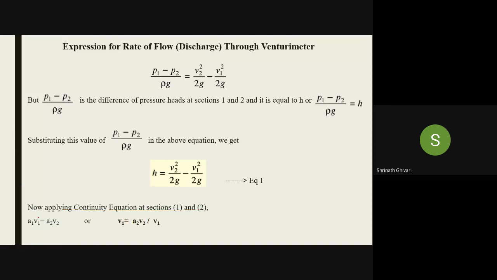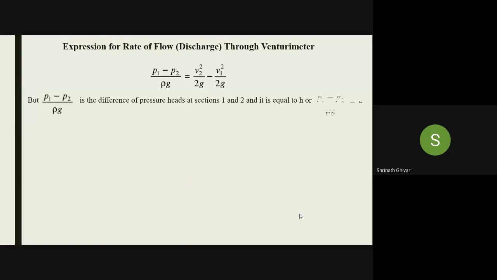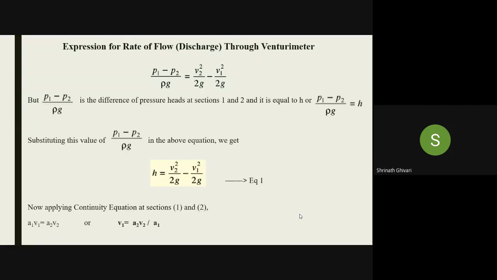Now I'll change it here itself because there should not be any confusion later on. So we got A1 V1 equal to A2 V2, or we are taking V1 equal to A2 V2 by A1.